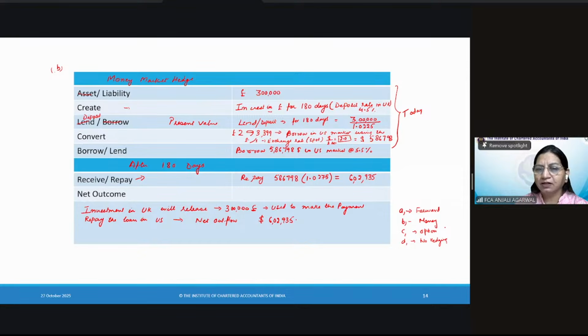But do mention a caveat or a disclaimer here that, however, no hedging also means there will be some risk, right? Because here I don't see any significant difference in no hedging or forward.